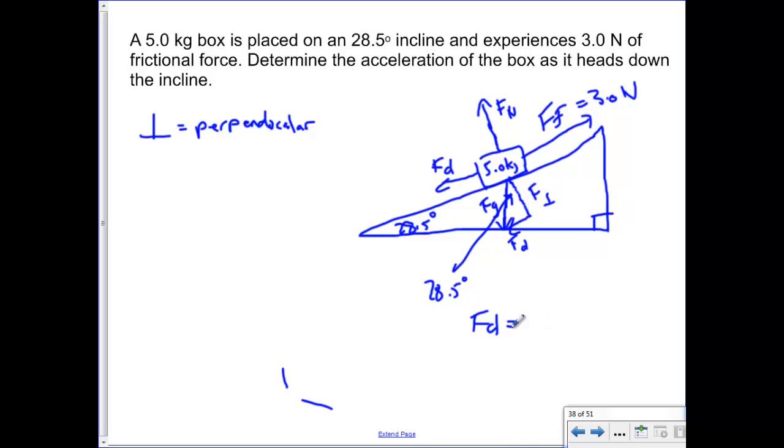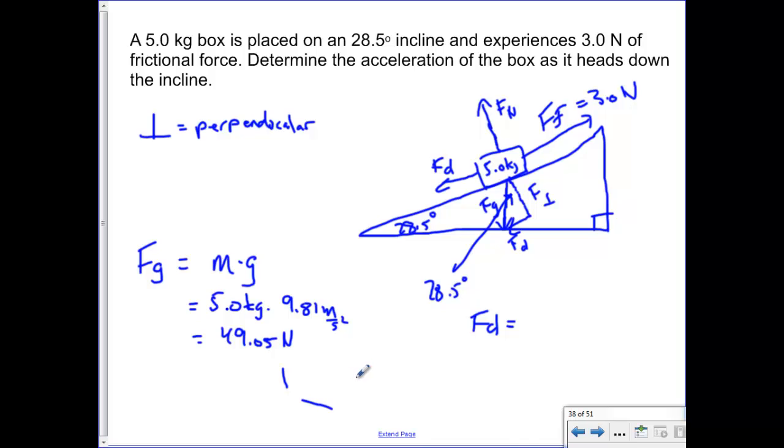Actually, I'm still missing a number, aren't I? I need to find what gravity actually was. Let me put that off to the side. To find the Fg, it's going to be mass times gravity, 5 kilograms times 9.81. That's 49.05.